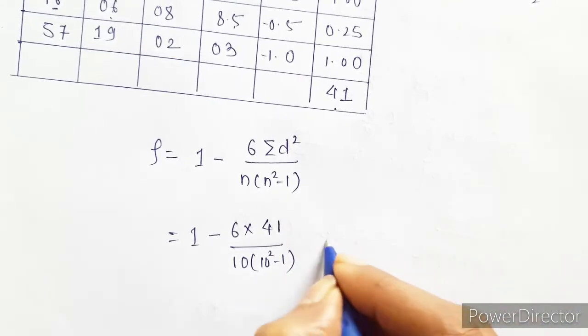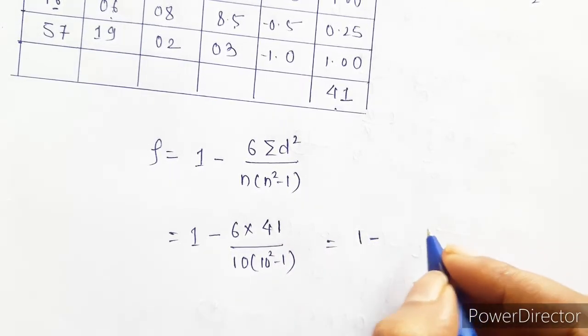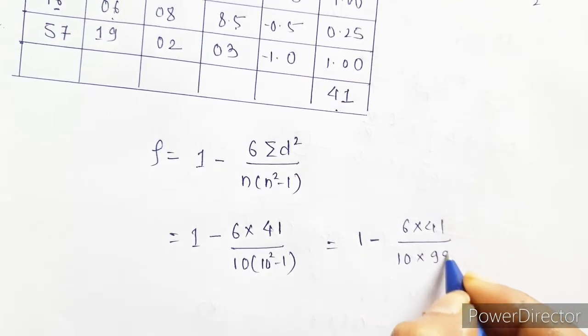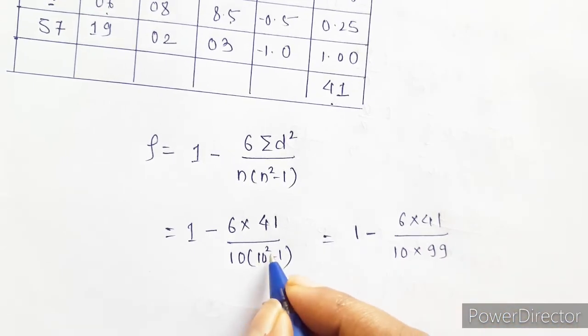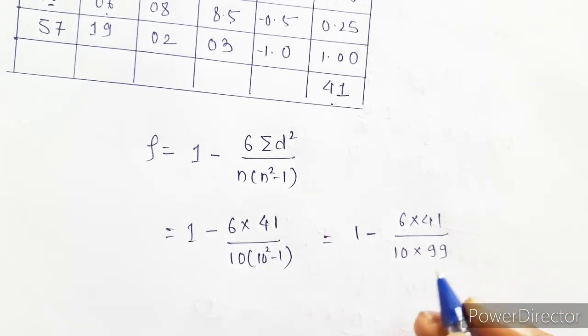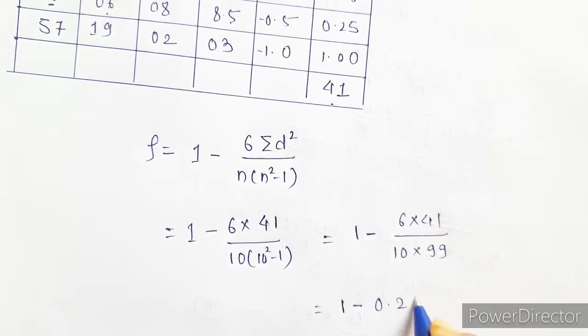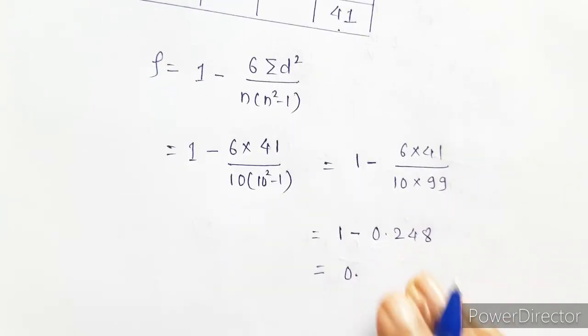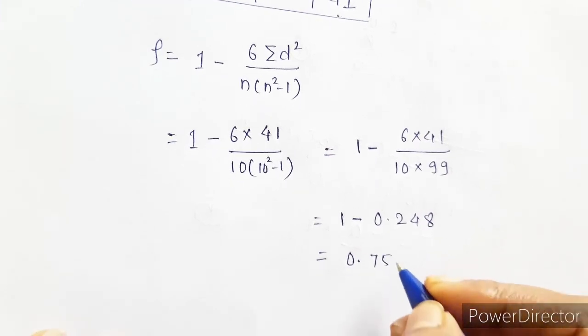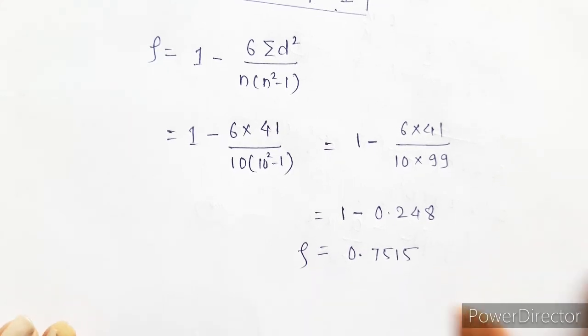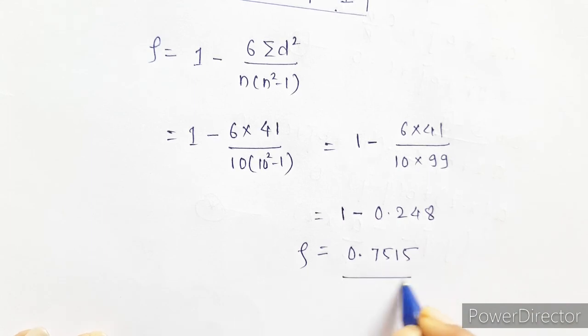After simplification, we have 6 into 41 upon 10 into 99, since 10 square minus 1 is 99. After dividing this we get 0.248 and after subtracting it is going to be 0.7515. So the rank correlation coefficient for these values of variables x and y is 0.7515.